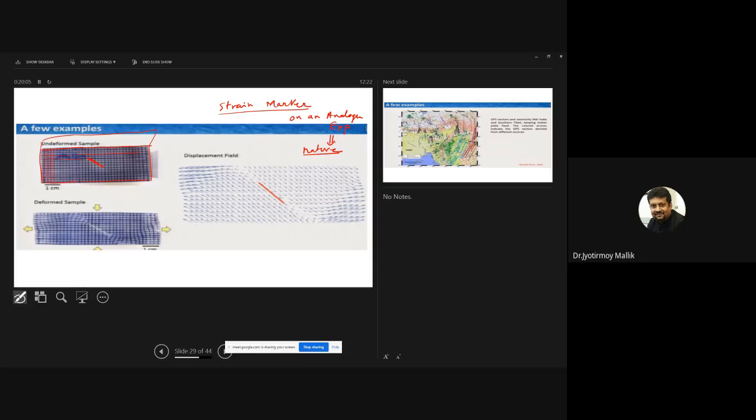So this is my initial experimental setup, and then I deform it with pure shear deformation. I'm giving some pressure from this side, and I'm allowing the material to expand on the other side. The third dimension, perpendicular to the screen, I have kept some resistance so that it doesn't flow in that direction.